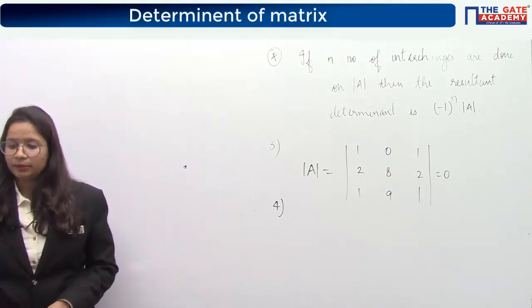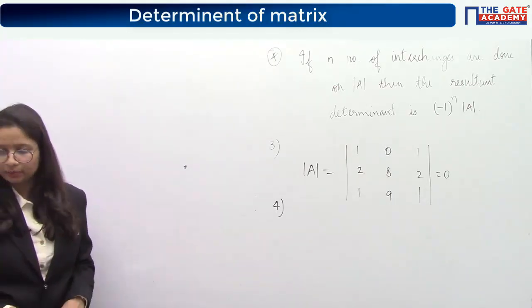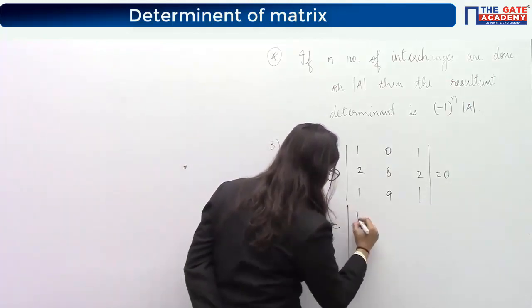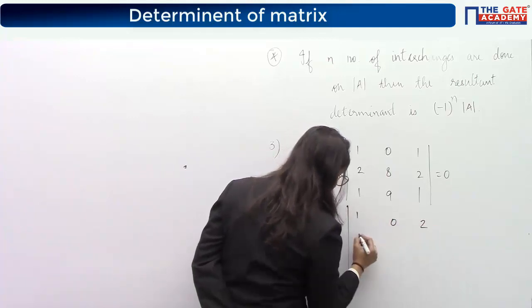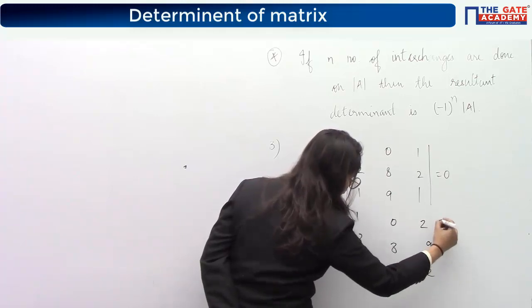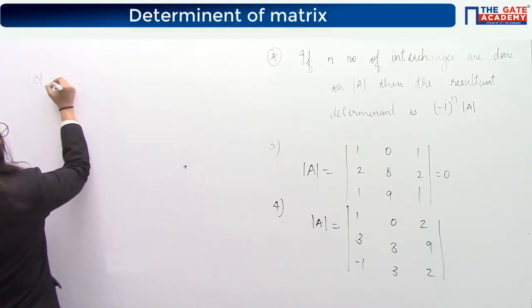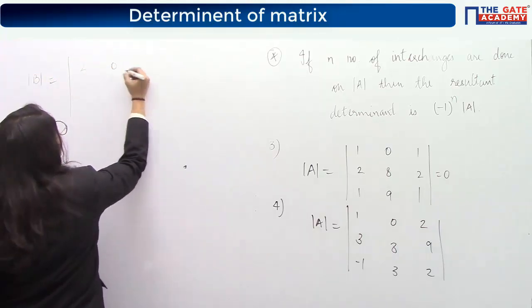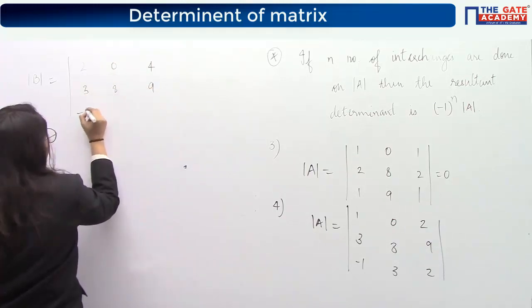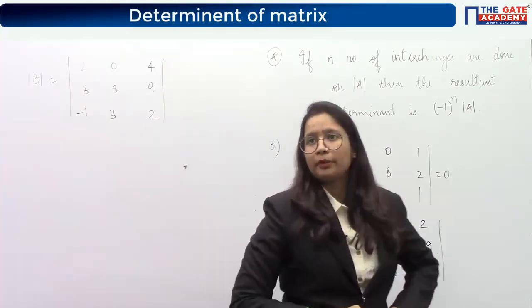Fourth property: if each element of a line is multiplied by the same factor, the determinant is also multiplied by the same factor. So if I say that the determinant A was this determinant, and now there is a determinant B which is this, then what is this property saying?